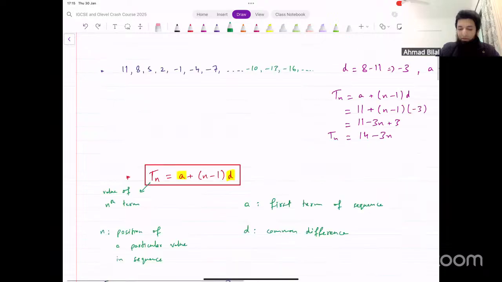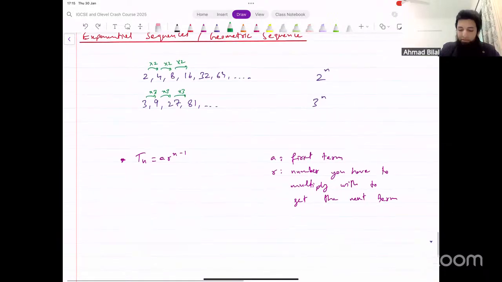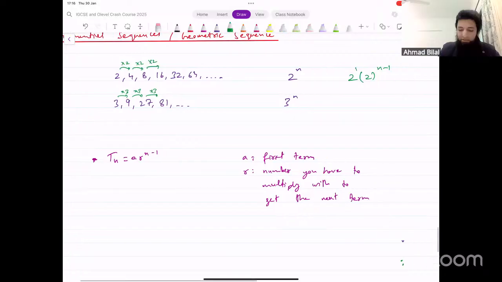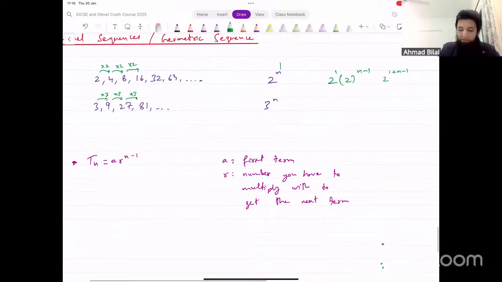What's the first term here? The first term in this case is 2. Okay. Into r, the ratio, the number that you're multiplying with, that's also 2. Raised to the power n minus 1. Now, 2 raised to the power 1 into 2 raised to the power n minus 1, the powers get added. You have 1 plus n minus 1, and that leaves you with 2 raised to the power n. So the formula works in this case as well.